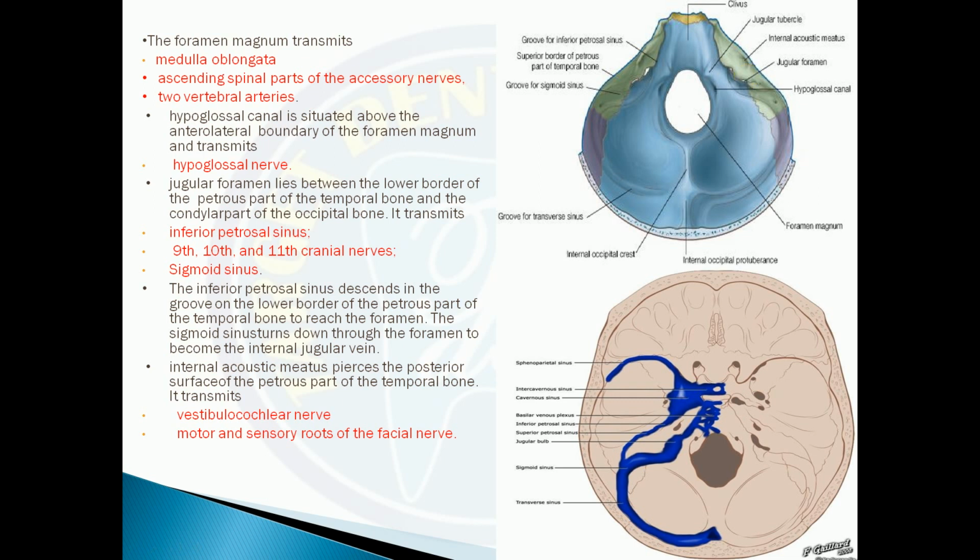And this is your internal acoustic meatus. It pierces the posterior surface of the petrous part of the temporal bone, and it transmits the vestibulocochlear nerve and the motor and sensory roots of the facial nerve. Very important from your exam point of view.